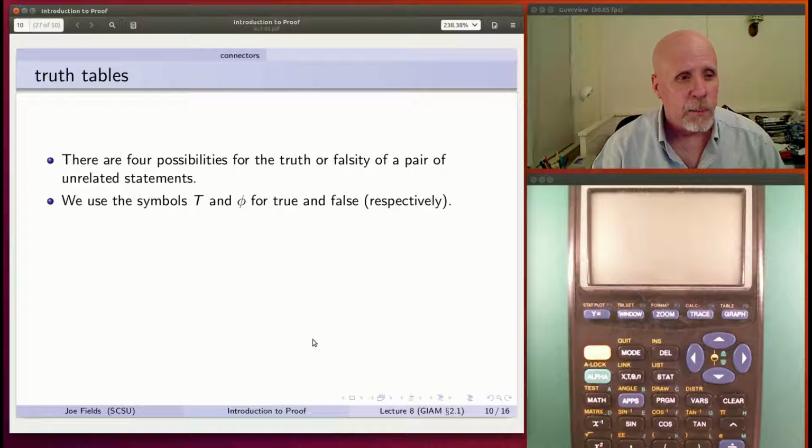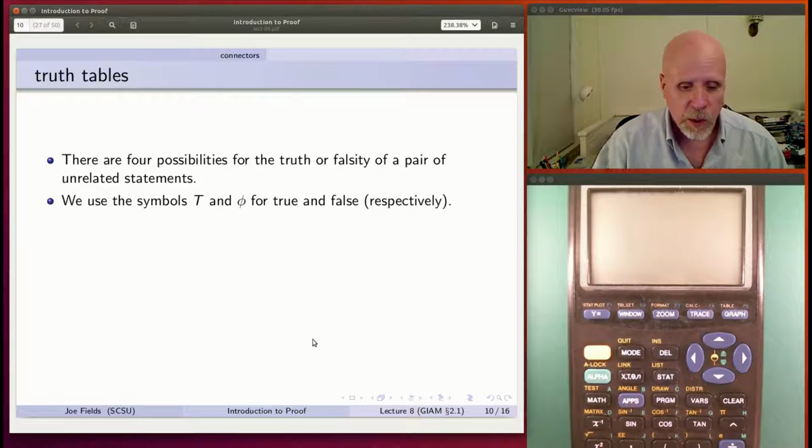So I'm switching to using the Greek letter phi for false, and T sticks with true. Phi is actually the F in the Greek alphabet, or actually the symbol looks just like it in the Cyrillic alphabet. So it sort of makes sense that we use that for F. And anyway, it's definitely a different looking symbol than T, so you won't get them confused.